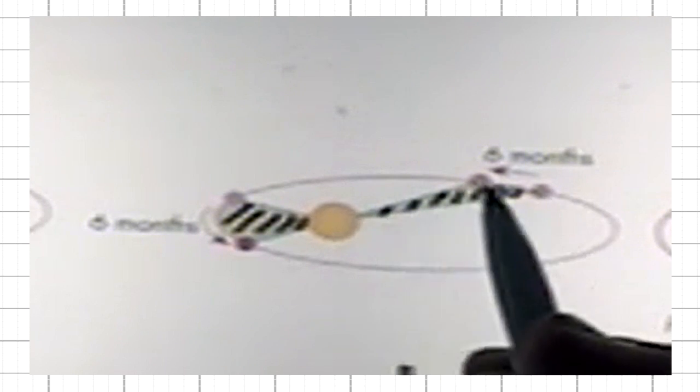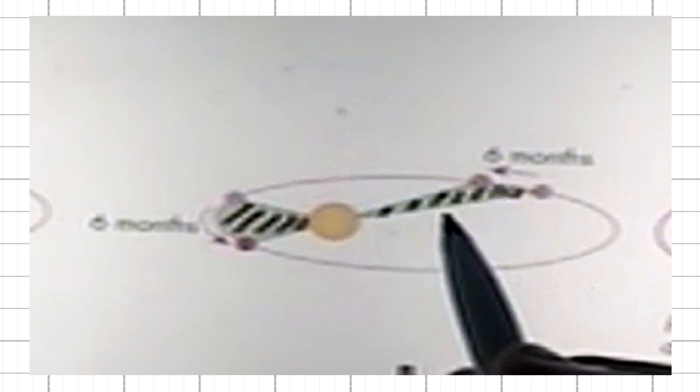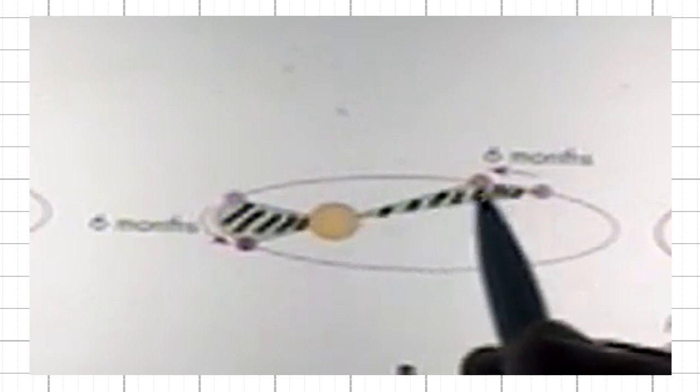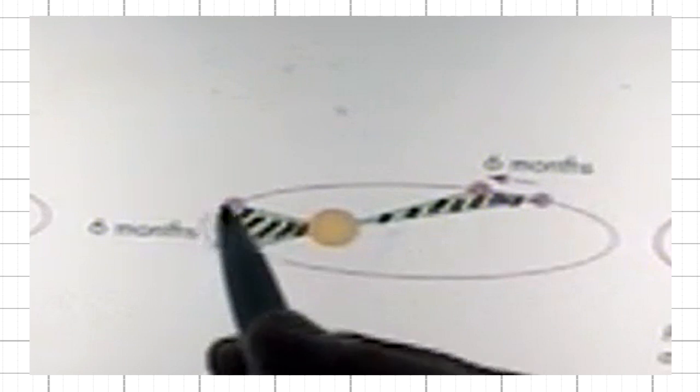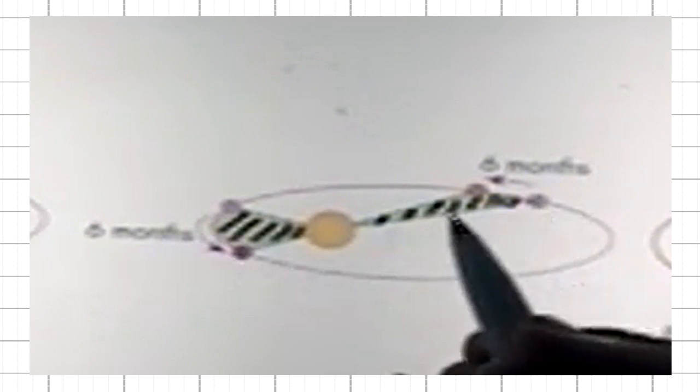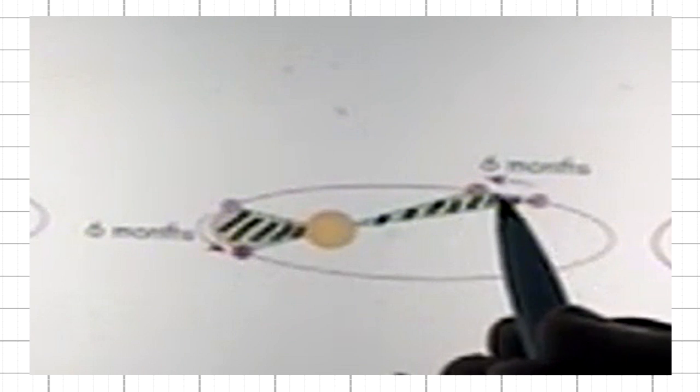If these two triangles or slices of a pie are to have the same area, then this one here that is longer has to be more skinny than this one here. Well, that tells me that when the planet is closer to the sun, it travels longer in a given time, say in 6 months, than it does when it is at a greater distance from the sun.